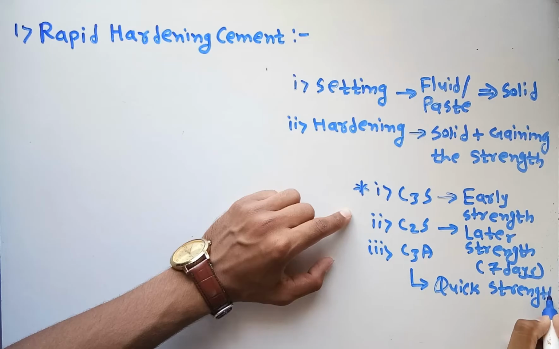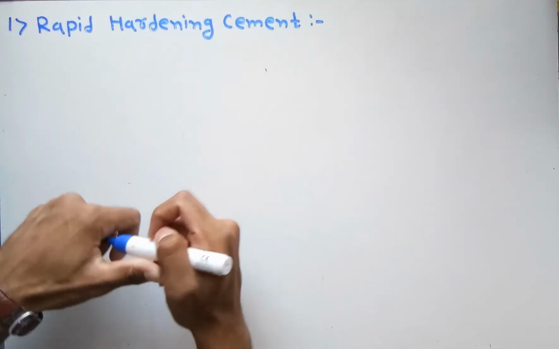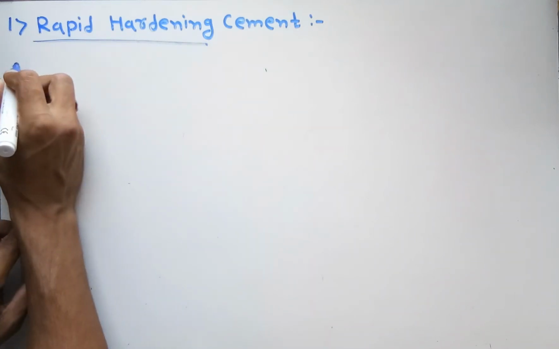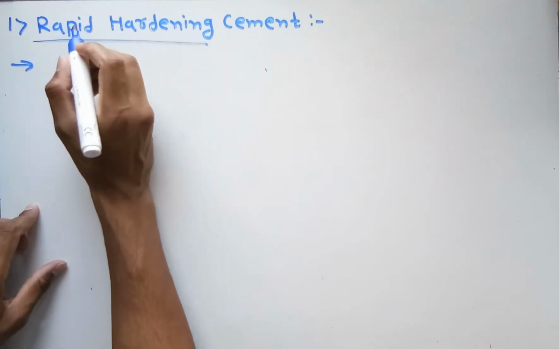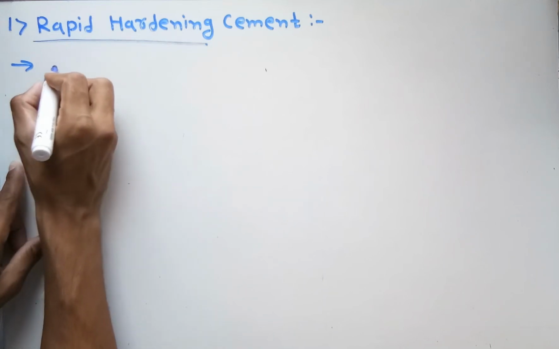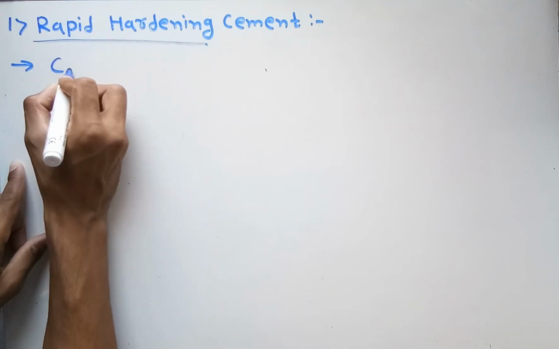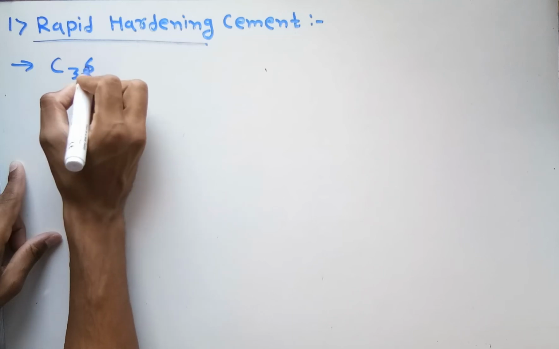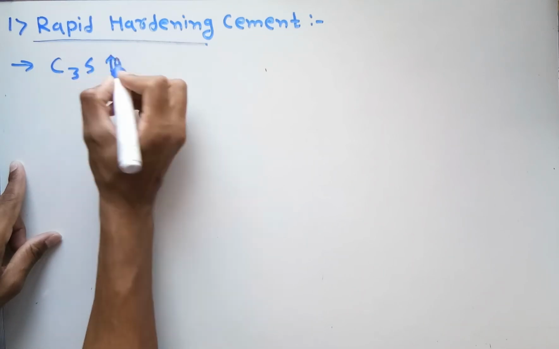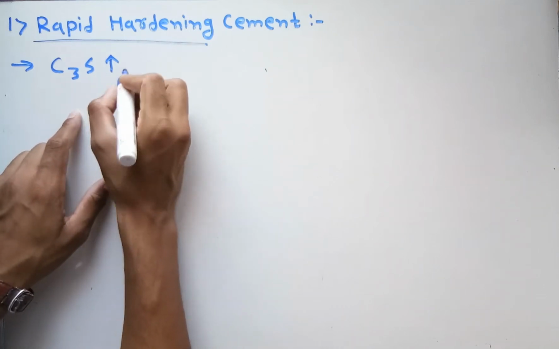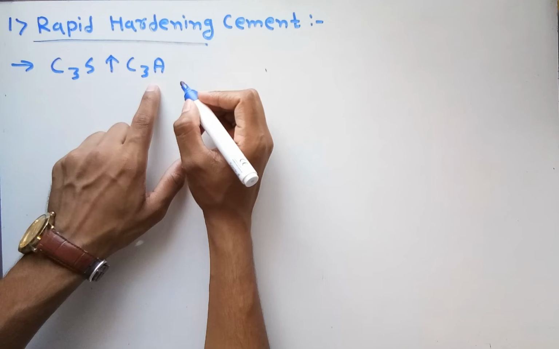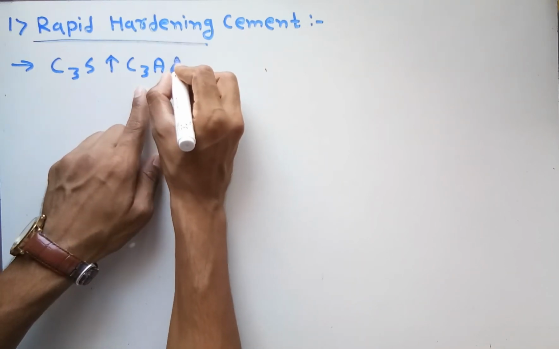Now we will move towards the rapid hardening cement. In this cement, the gain of strength required is quite rapid or quick. To achieve the rapid hardening, we keep the Bogue compounds in such a way that the proportion of tricalcium silicate, which is responsible for the early strength, is kept in higher content, and tricalcium aluminate, which is responsible for the early strength, is also kept in higher proportion.